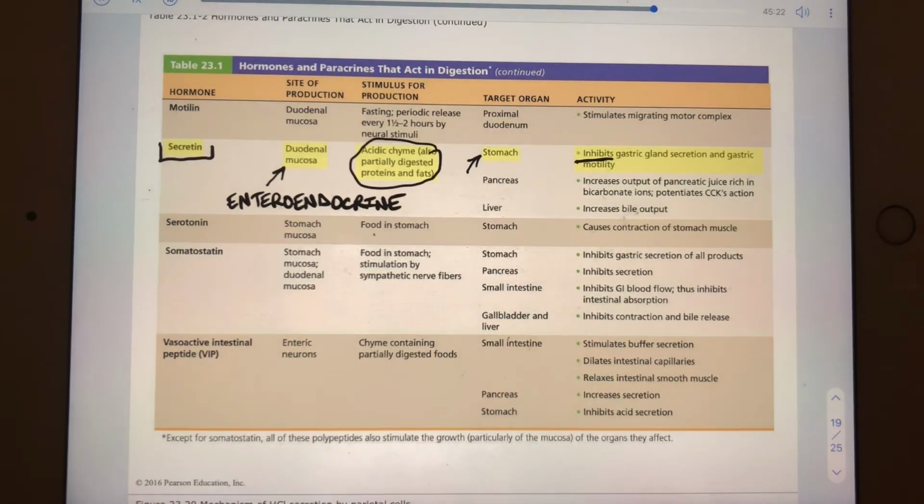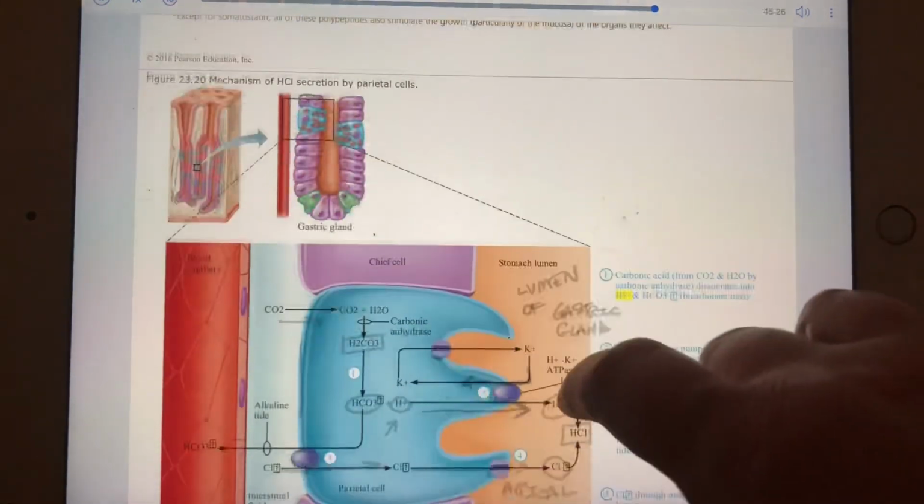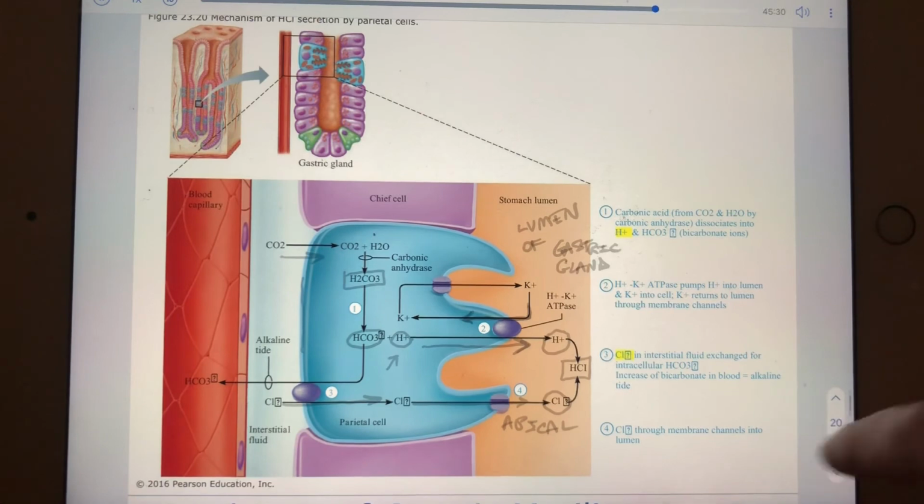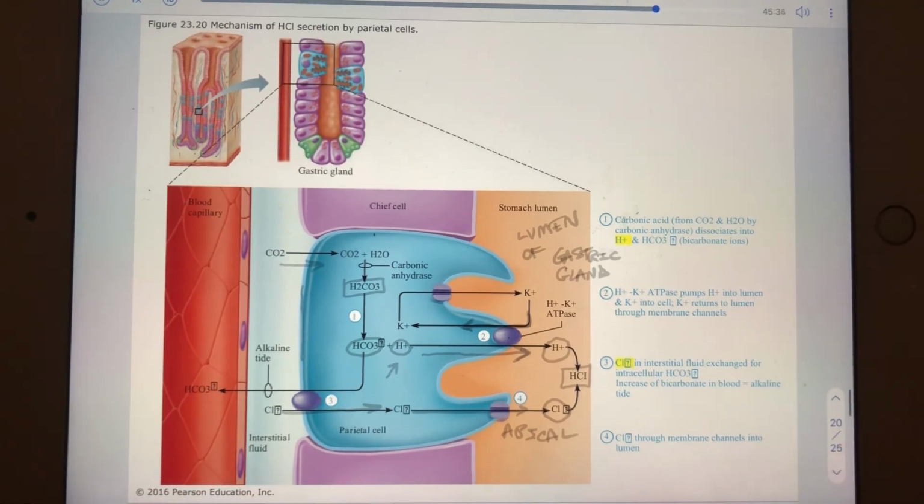Okay. All right, I'm going to move on to slide 21 so that we can learn how hydrochloric acid is made. Okay, so in this particular image on slide 21, we're zoomed way in.